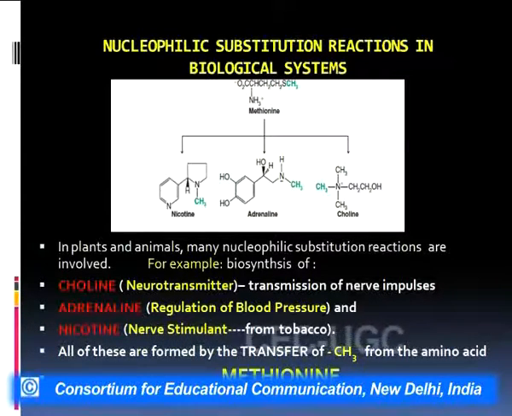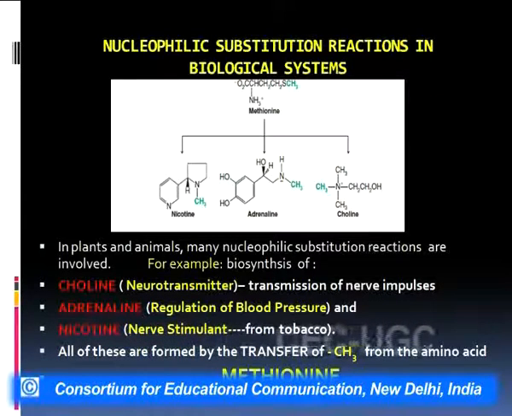For example, we know that choline, which is a neurotransmitter, adrenaline, which regulates blood pressure, and nicotine, which is a nerve stimulant, are three very important compounds which are operative in animals.